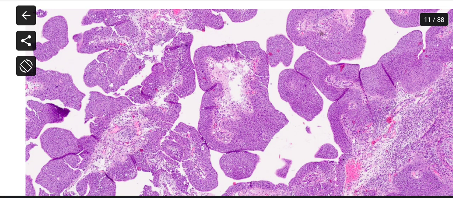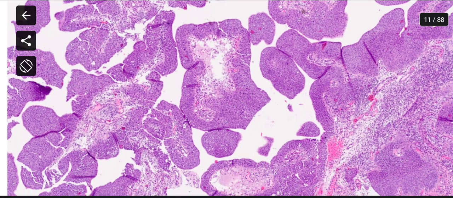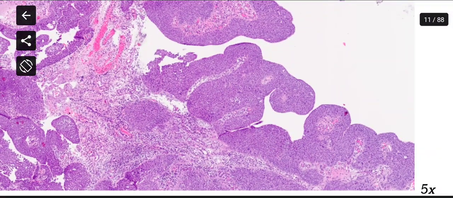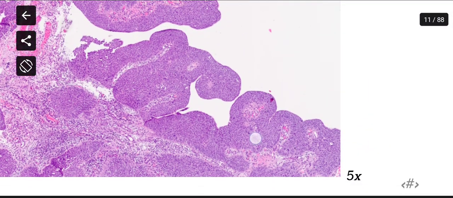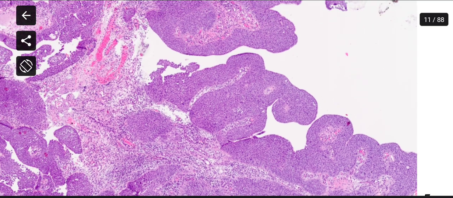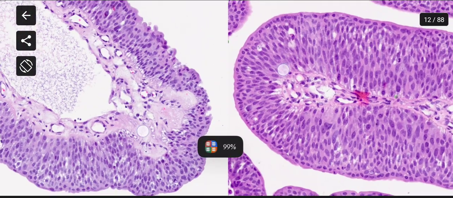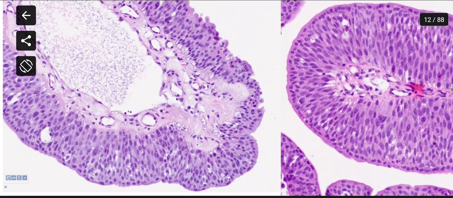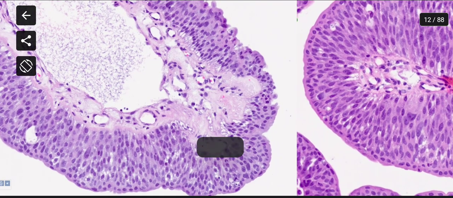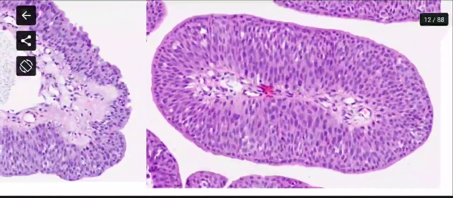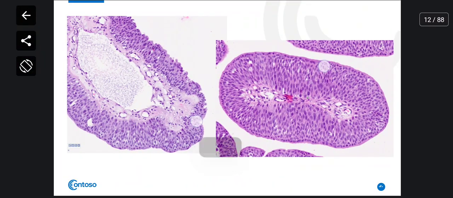At this magnification we can also see some big cells, right? See, there are some big bizarre cells popping up in between. As I talked about earlier, the layering is variable throughout, but notice that the umbrella layer is intact in every single one of them, right?